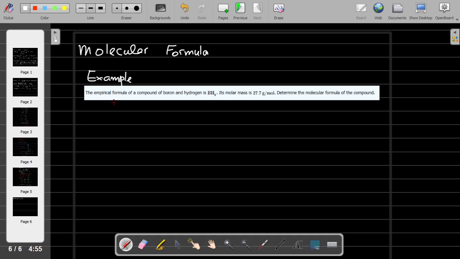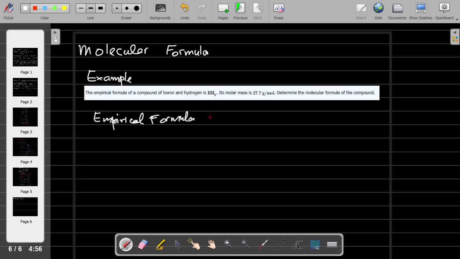The empirical formula of a compound of boron and hydrogen is BH3. So this is the empirical formula of the compound that we are going to find the molecular formula for.